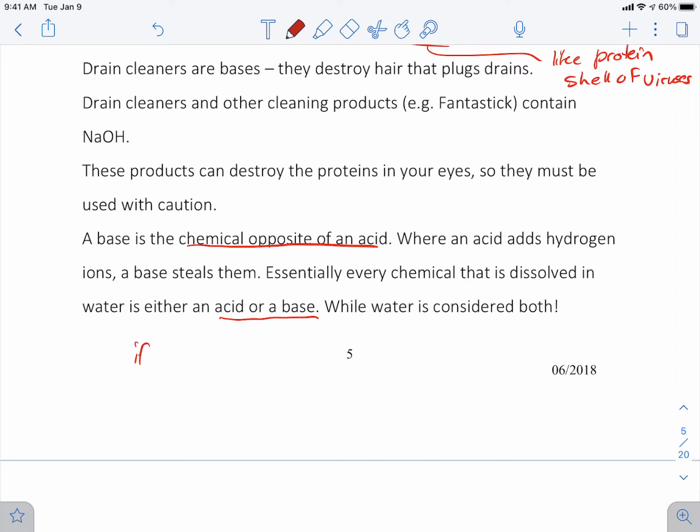So if it adds H plus, then we say that it is an acid. If it adds OH minus, then we say that it is a base. I almost wrote base.